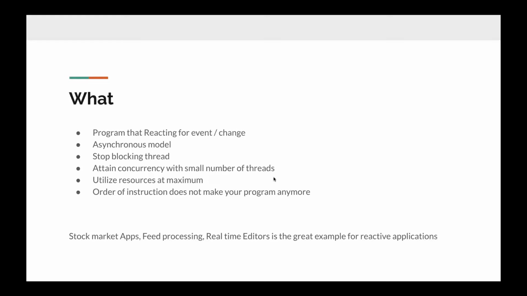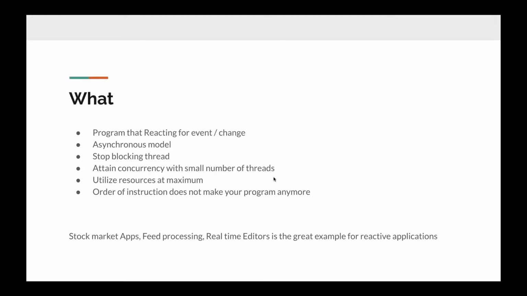So this reactive programming is really going to help you, not at the core level, right? There will be an API that you're going to use. You don't worry about how this is managed in the background. So attain concurrency with a small number of threads. So you're going to use your hardware more efficiently than ever, and utilize resources at maximum. That describes the above sentence very well.